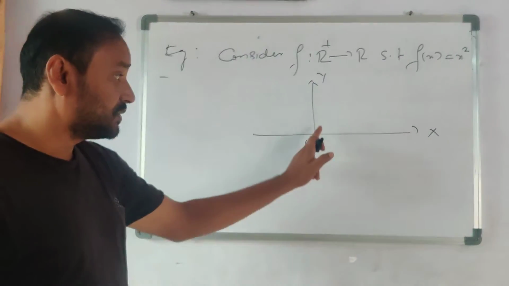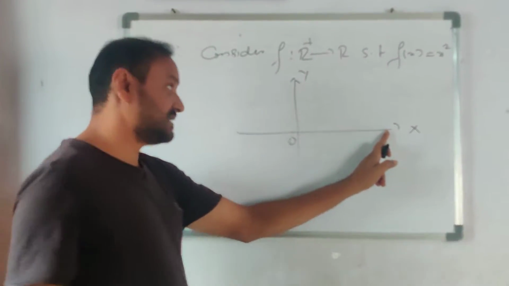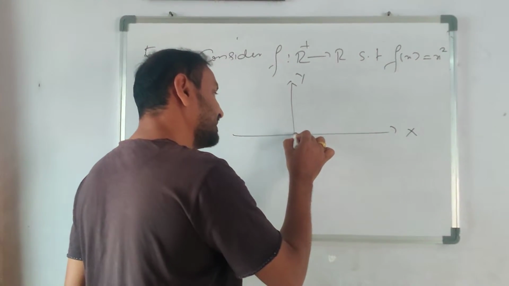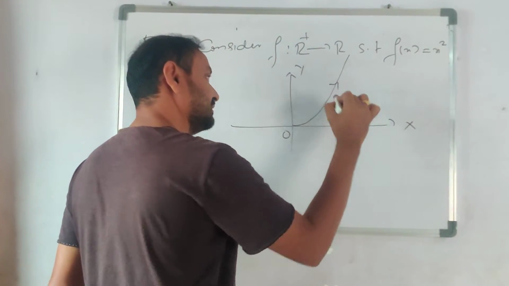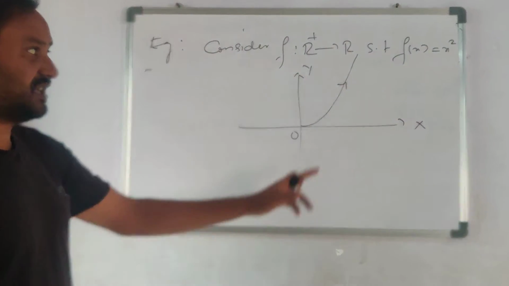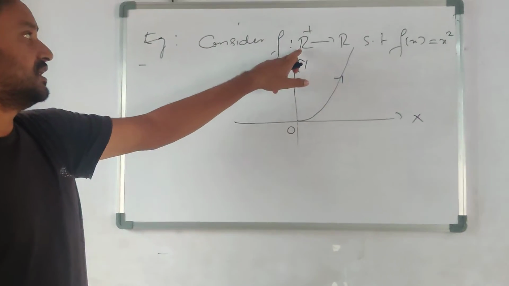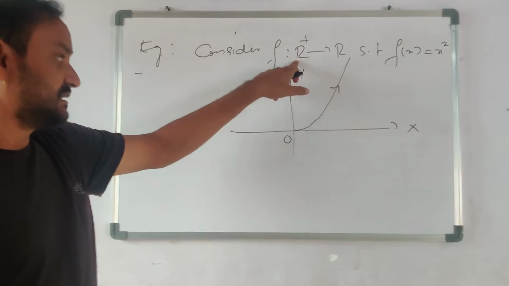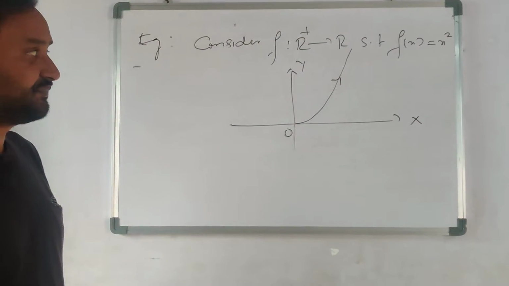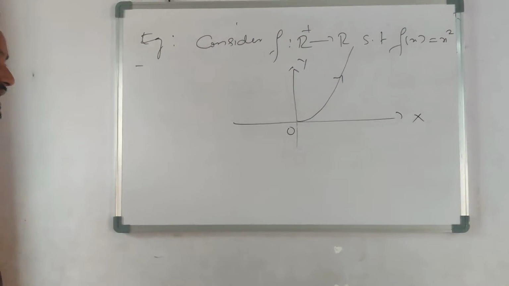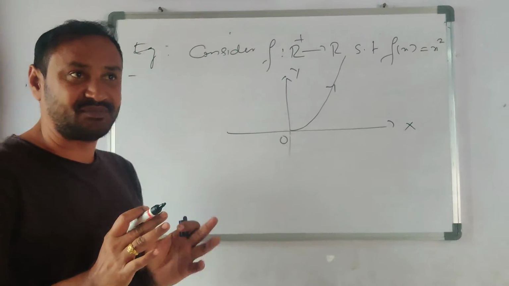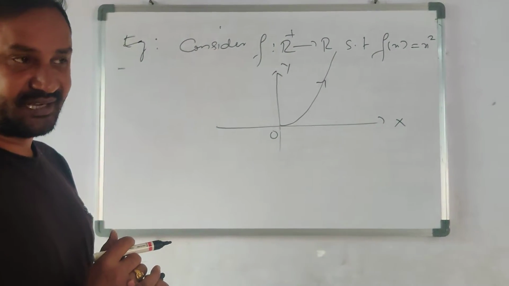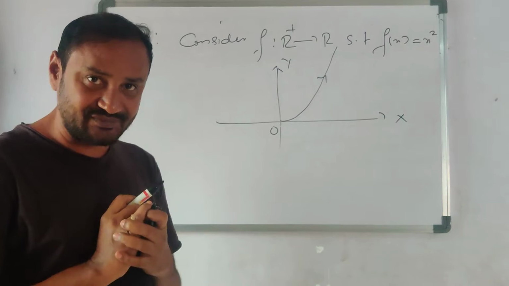R plus means you take only the positive x-axis as domain. On the positive x-axis, you draw the graph. This is the graph of the function f of x equals x square on the domain R plus. You observe this clearly. Range means we will always observe the y-axis.